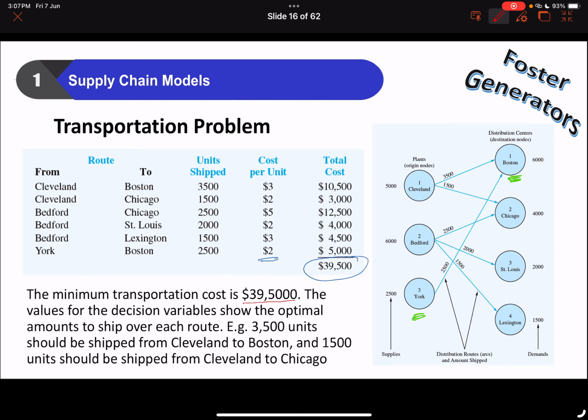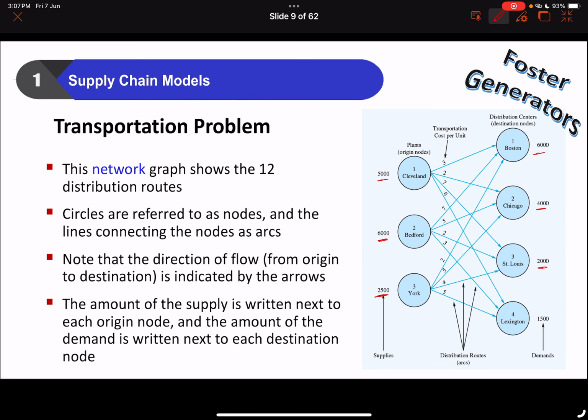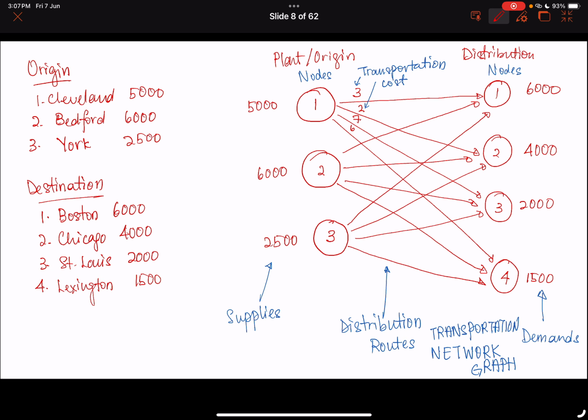If that is the case, then when you are drawing your network, Cleveland to St. Louis, so 1 to 3, I will not draw this arc. I will just drop this arc, take it away from the network, and everything else stays the same. Remove the arc, remove the variable, everything else is the same.